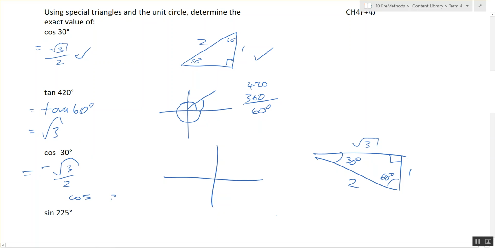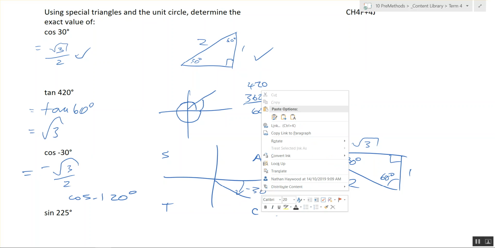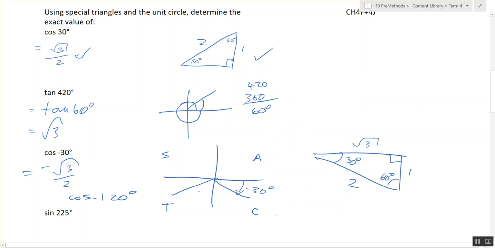So cos negative 120, all stations to central. So it's meant to be negative, but the angle is negative, so it's actually positive. So you just cancel it out. When you're in this one, right? It's negative 30, so it's a negative answer. When it's in here, it's negative 120, but its tan is positive, so it's meant to be negative, but it's already negative, so it becomes a positive. Does that make sense? Yeah, like negative divided by negative.